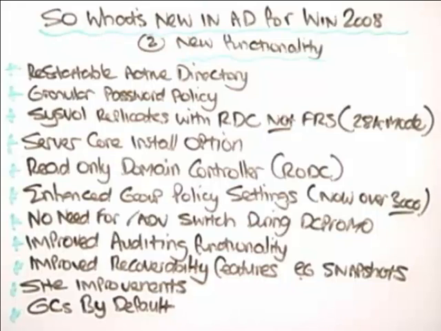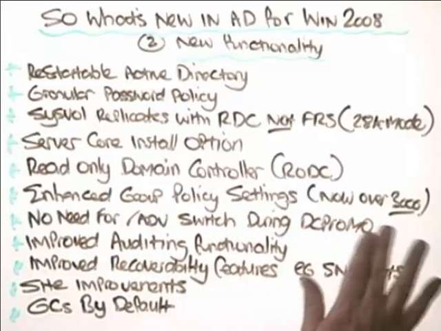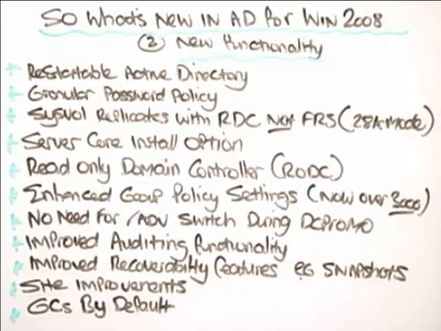So when we talk about, for example, group policy, when we join a Windows Server 2008 and a Windows Vista machine together, then we can see tools like group policy, and look at that, over 3,000 settings compared to the 1,500 settings that were included with Windows Server 2003, for example.